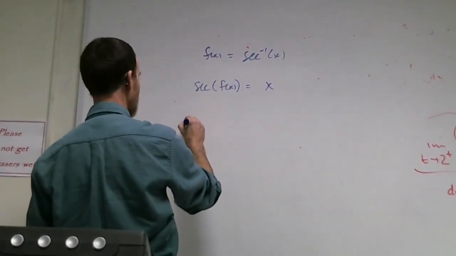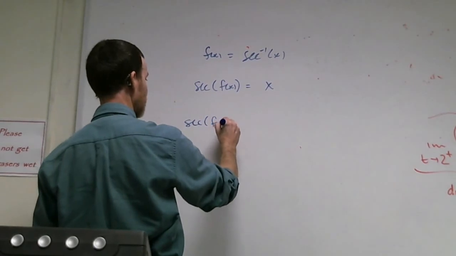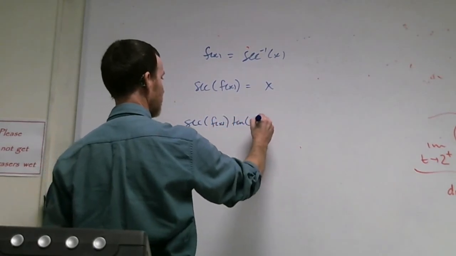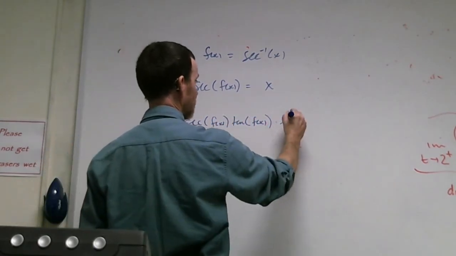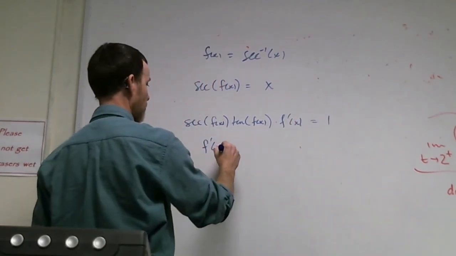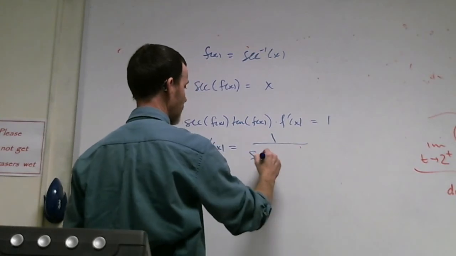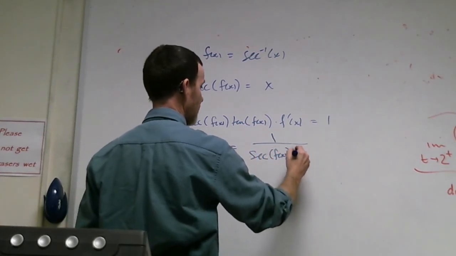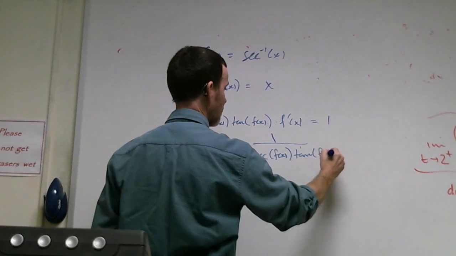The derivative of secant is secant tan. The derivative of x is 1. So f prime of x is 1 over the secant of f of x times the tangent of f of x.